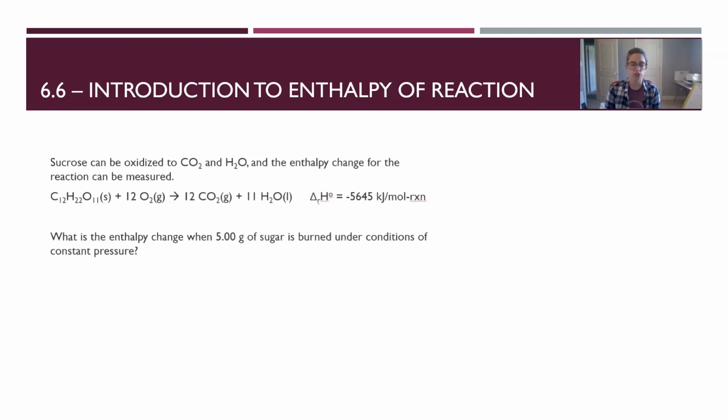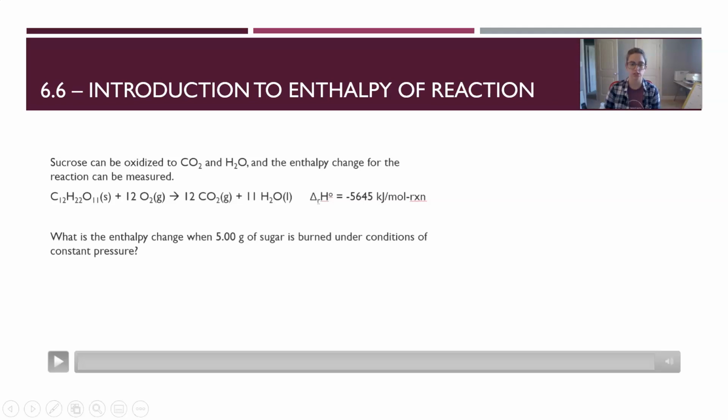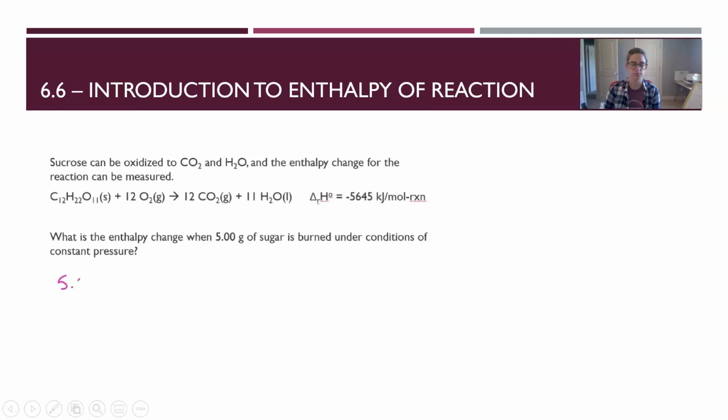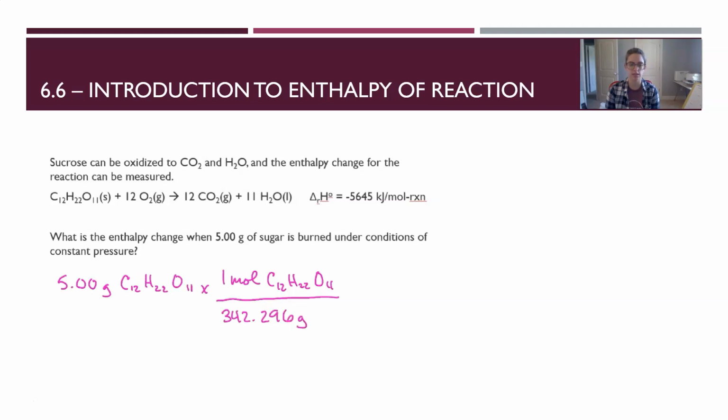So our sugar is C12H22O11. Let's look at how this plays out. We're going to start with our 5 grams of sugar, C12H22O11, and we're going to convert that to moles because we don't do anything in grams. So 1 mole of our sucrose is 342.296 grams per mole.